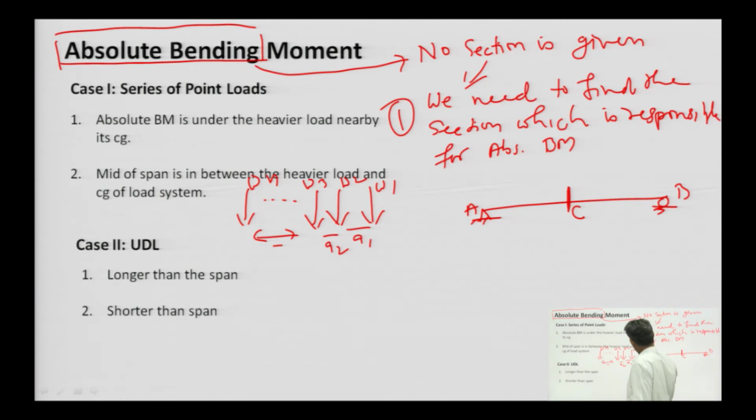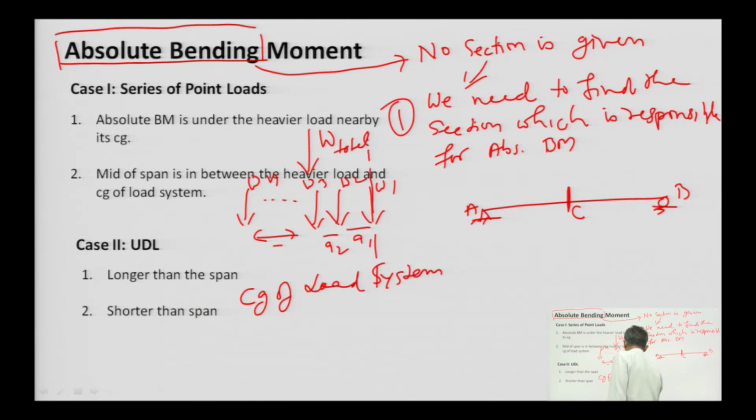The total load W will be W1 plus W2 plus W3 and so on. So the CG of the load system, if we calculate from W1, will be W1 into 0 plus W2 into A1 and so on, divided by W total.